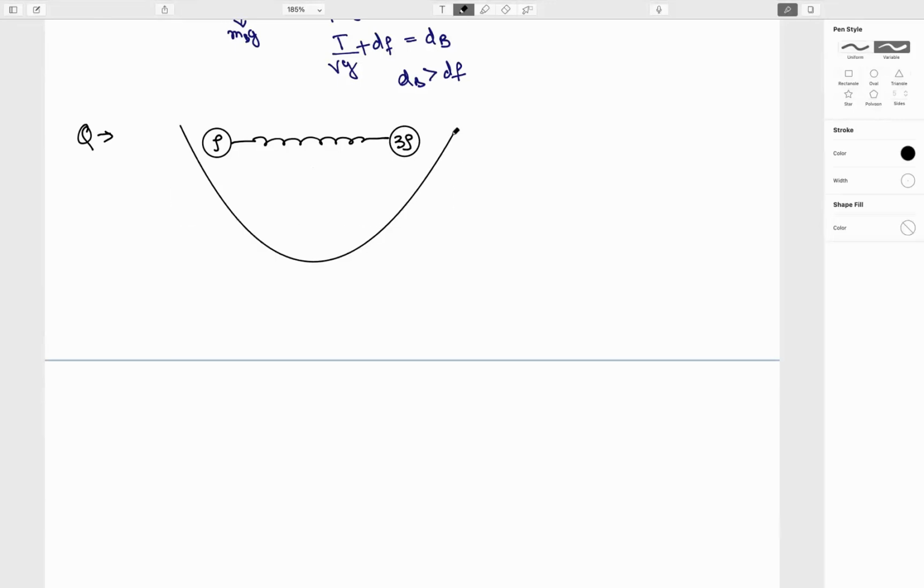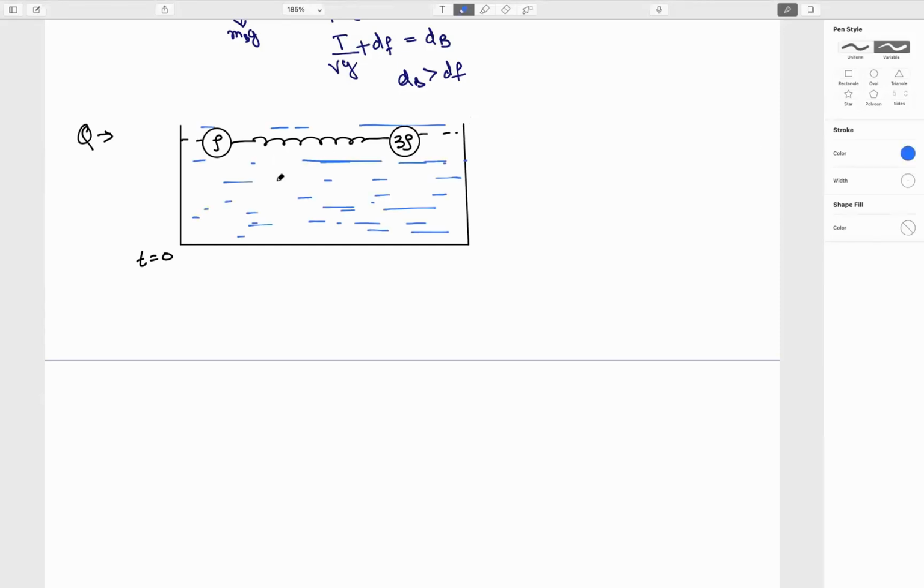I am showing this diagram at t equals 0. It is filled with water. The density of water is 2 rho. Spring constant is K. Choose the correct option.